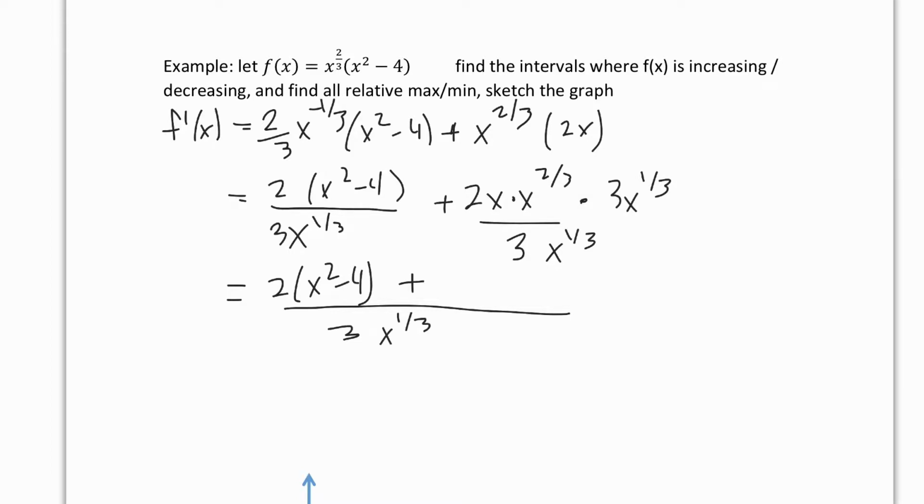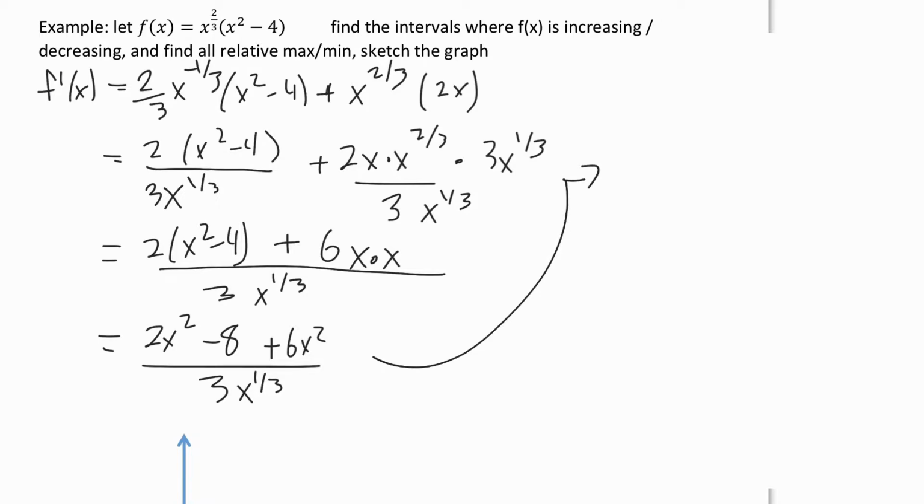We can go ahead and clean up the top. 2 times 3 will be 6. And x to the 2/3 times x to the 1/3 will be x to the 3/3, so just an x. So 2x squared minus 8 plus 6x squared over 3x to the 1/3. Keep going with this.